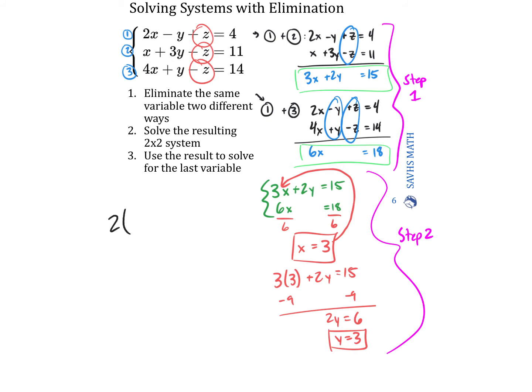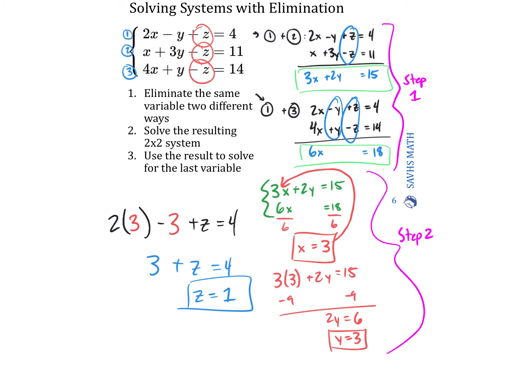2 times, and I know that x is 3, minus, and then y is 3, and then plus z equals 4. So I have 6 minus 3 is 3 plus z equals 4. So I can see that z has to be 1.